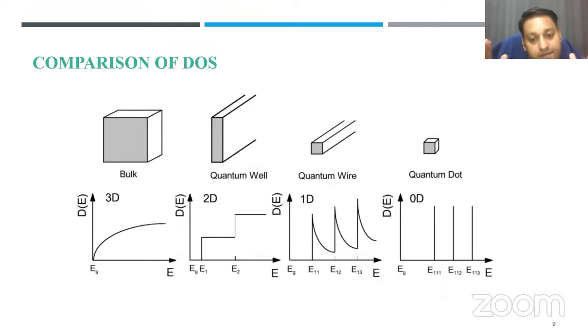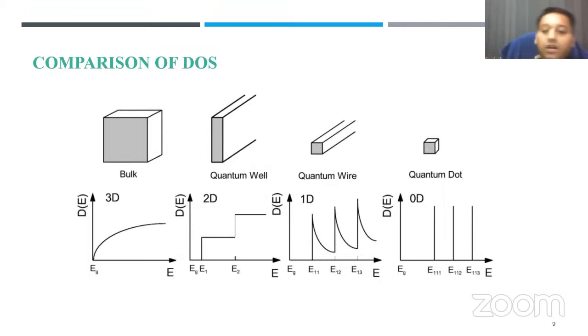What happens in between the energy levels? The density of states doesn't remain constant, it also decreases. Again when it reaches the subsequent energy level, it sharply increases and then drops again. So this is the nature that we observe for the quantum wire. It is vastly different from what we have seen for the quantum well structure and for the bulk.